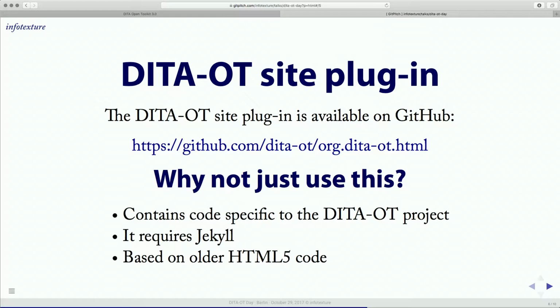It still works so well that we haven't bothered to port it to the new version of the HTML5 plugin. I imagine on days when we have lots of time, that might be a good thing to do, right? As an illustrative example of how to port an old customization to a new version of a plugin. Could be a conference talk. So if anyone's looking for an idea for a talk, there you go.